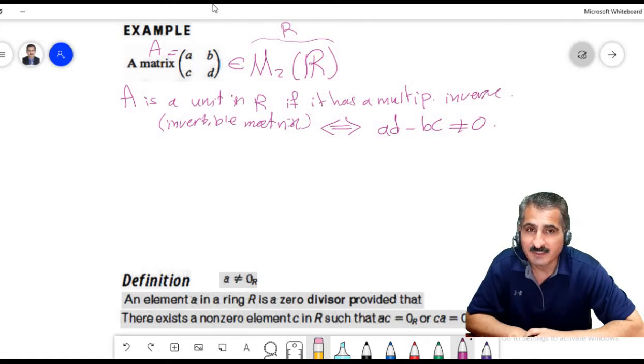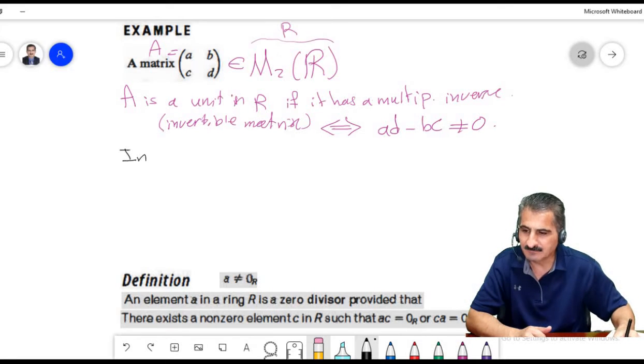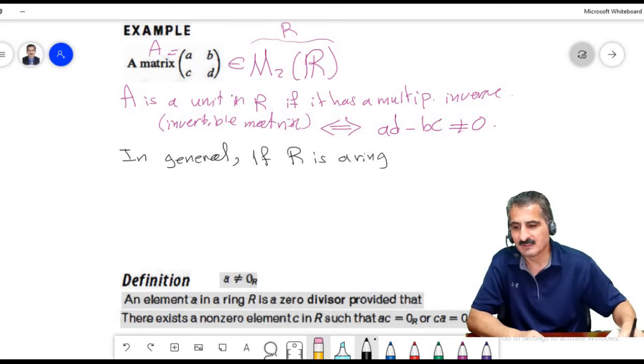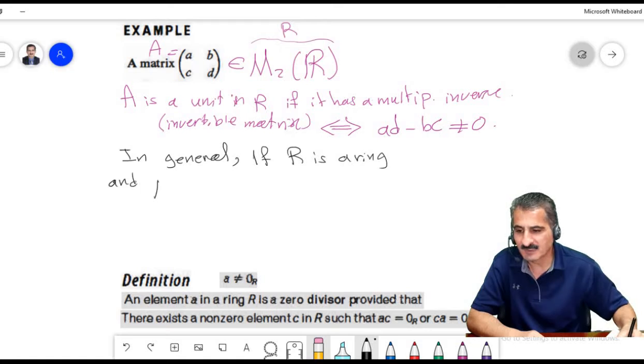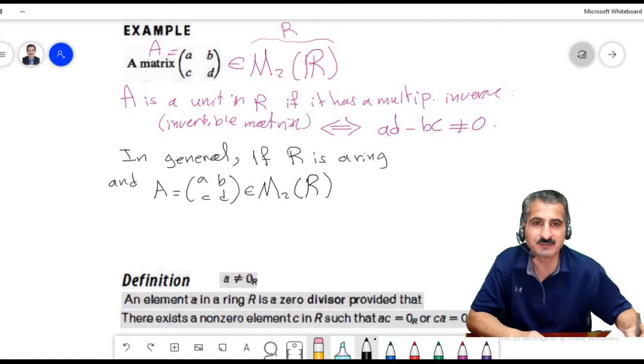Okay, and now if you pay attention, in general, if R is a ring, and we don't know which ring, and A belongs to the ring of 2 by 2 matrices with entries from R. We don't know what R is.